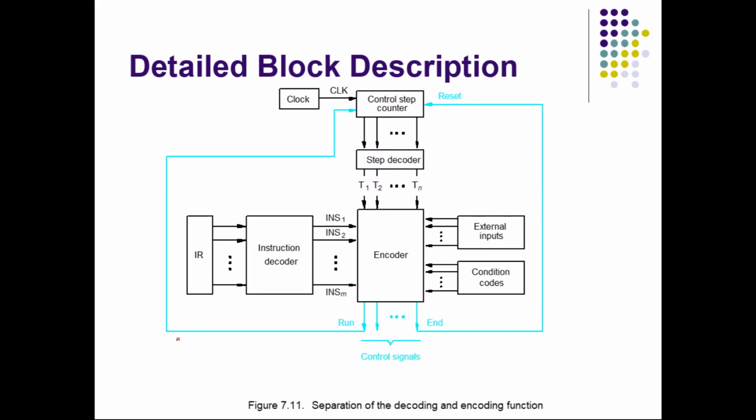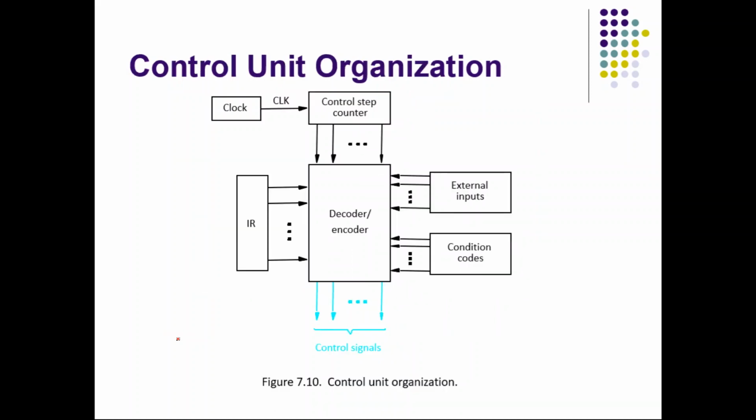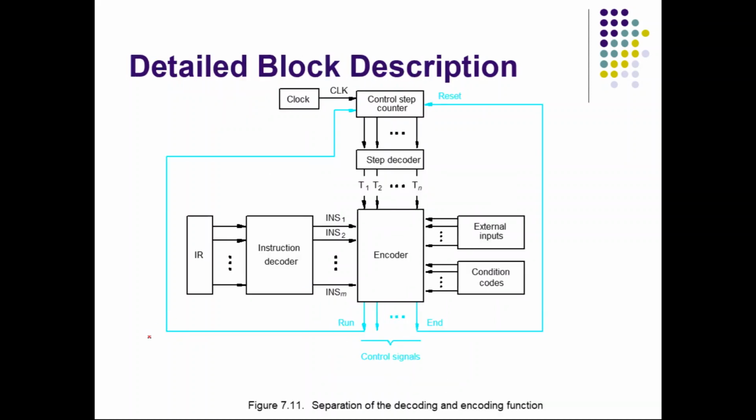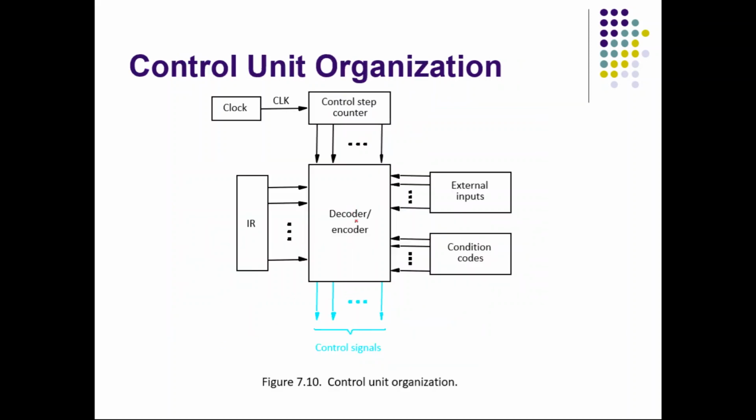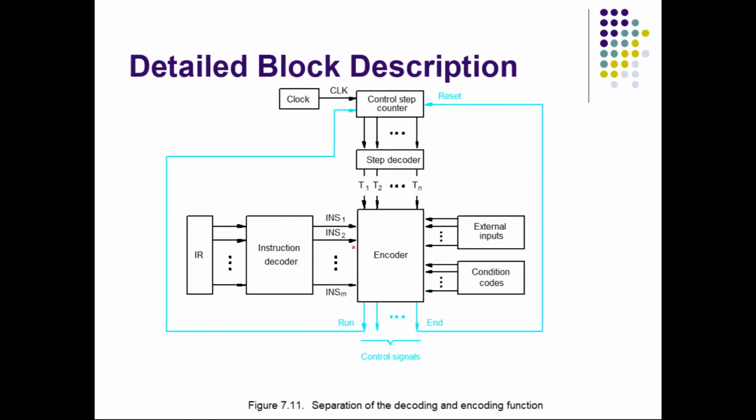Okay, so this is the detailed version of this diagram, the control unit organization. Again, it is shown here in a detailed version. Okay, the encoder and decoder were separated out. Here you can see there is a decoder and encoder. Okay, but here both the things were separated. Okay, so there is a clock and the control step counter which creates a step decoder step by step.